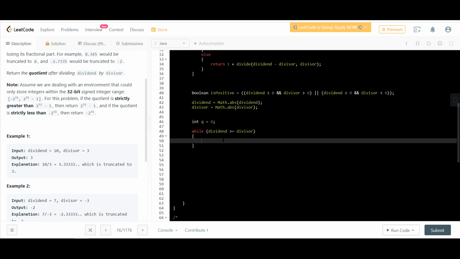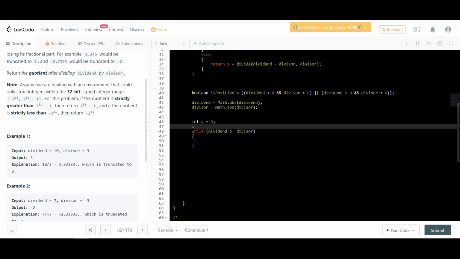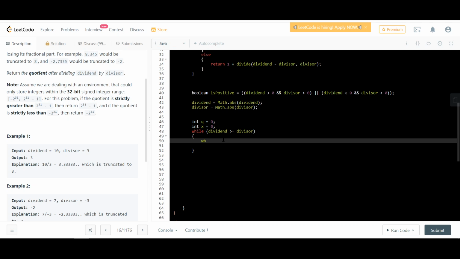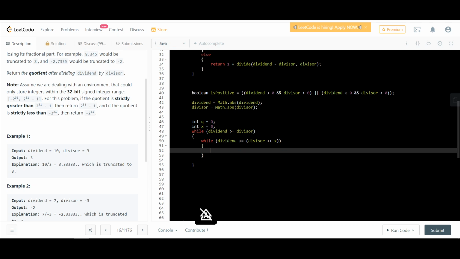What we'll do is track the shift, let's call it X. Initially we don't shift, so while our dividend is greater than or equal to divisor left shifted by X times, we keep doing X plus plus.